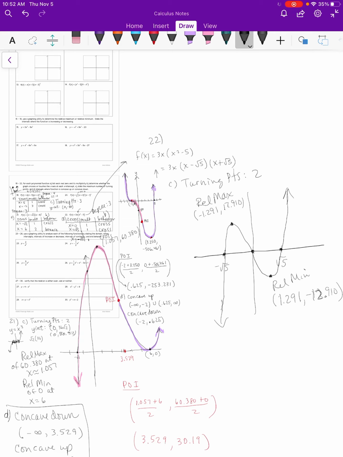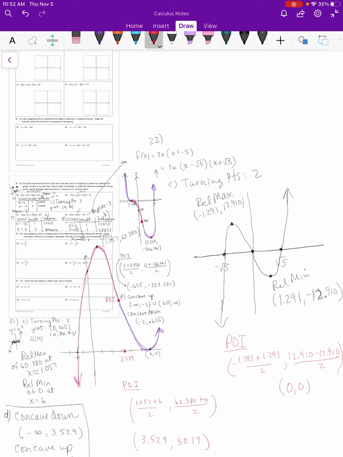And so if I wanted to find my point of inflection, I would add my negative 1.291 and my positive 1.291 and divide by 2. I would add my 12.910 and my negative 12.910 and divide by 2. So you can see that your point of inflection becomes 0, 0.